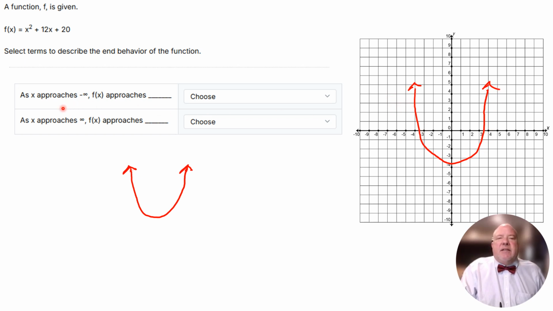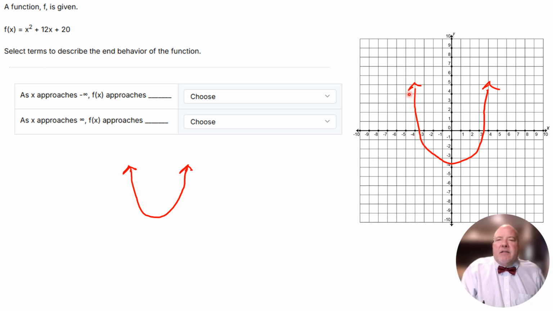Okay. So it says as x approaches negative infinity. So we look at our x-axis, and as we approach negative infinity, meaning as we go from right to left, what happens to f of x, which is the y value? As I move to the left, you can see the y value is going up.